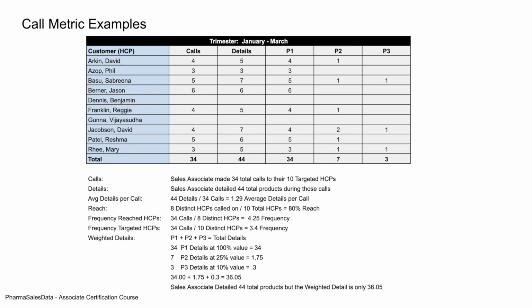Their frequency to the reached HCPs is 34 calls divided by 8 distinct HCPs, or 4.25 as a frequency. And their frequency to the targeted HCPs is 34 calls divided by 10 distinct HCPs for a 3.4 frequency. And weighted details is listed here, but it's not as important in targeting and alignment as it was in the call lesson, so we won't go over that again right now.